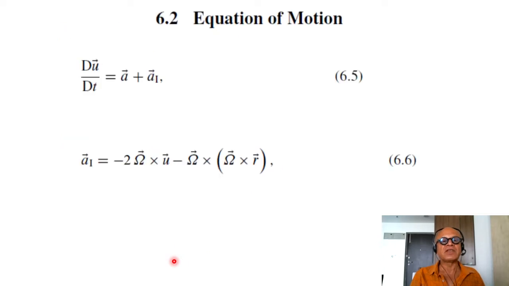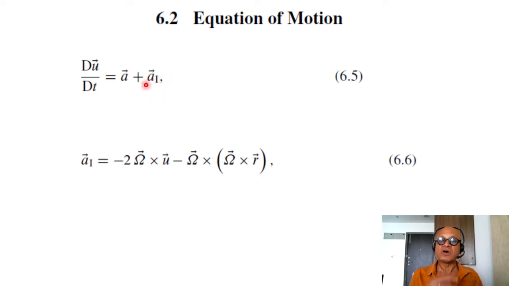Okay, we can then move to deriving equation of motion with this knowledge, and we jump straight away to Newton's second law of motion, F equals ma. So we are doing it for a unit mass, so we can write du/dt equals A plus A_I. So this is the sum of all real forces, and this is the sum of all apparent forces.